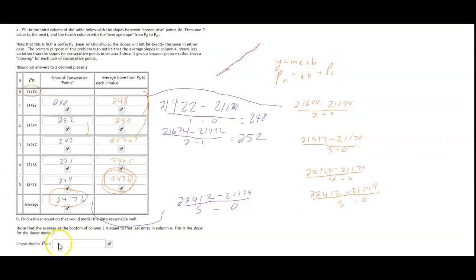So the equation there, p sub n, is going to be d, which is our slope, m is the same as d, so we're going to use the 247.6 times n plus the initial value, which is 21,174. So that would be our equation, 247.6 n plus 21,174.